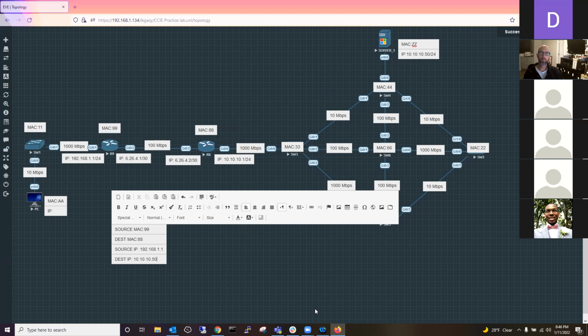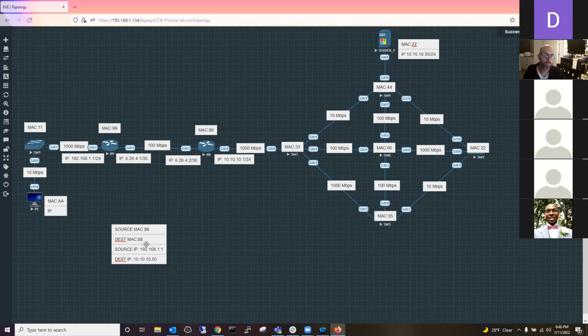I have a question. I'm still a little confused about how, at R9, the packet knows the destination IP address for the DHCP server can be 10.10.10.50. How does it know at that point that that's where the DHCP server is located?